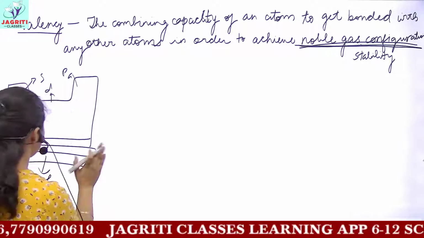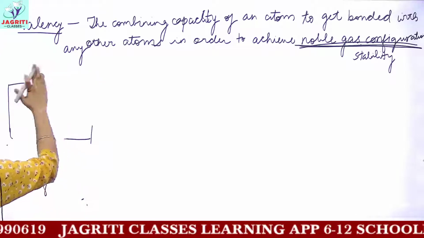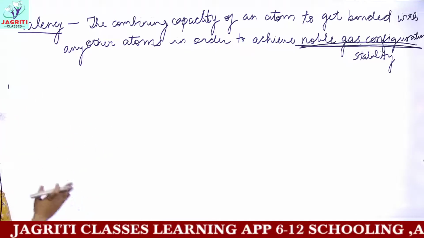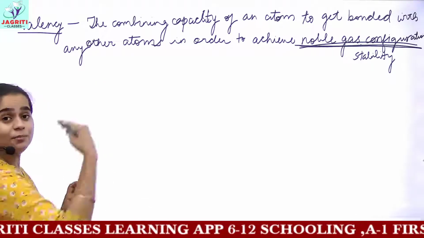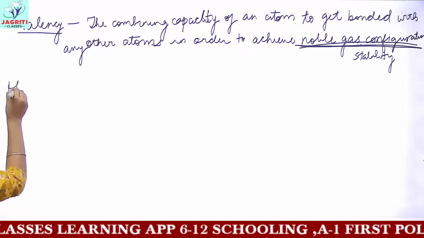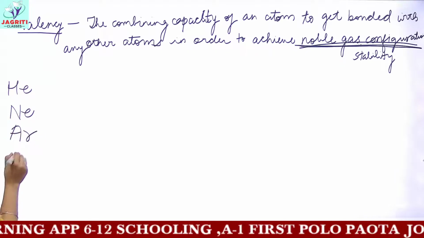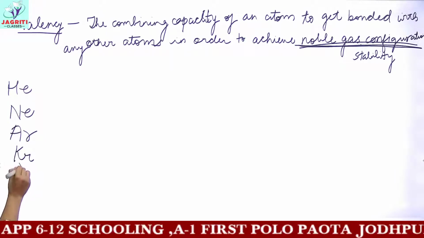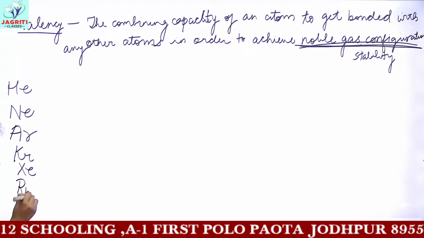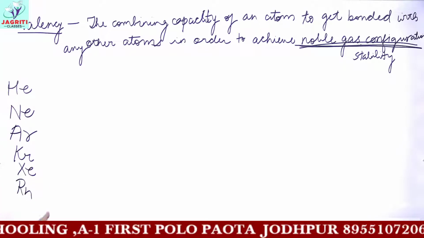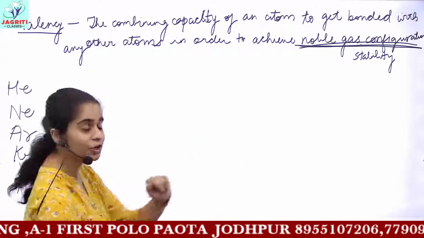In this periodic table, at the extreme right hand side, you have certain gases, which are helium, neon, argon, krypton, xenon and radon. So these are the different gases present in the extreme right of the periodic table.